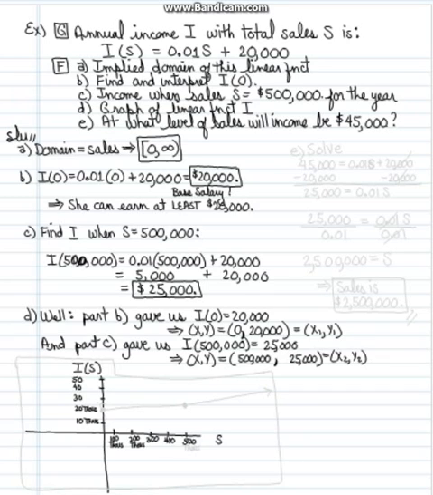We have the ordered pair x sub 1, y sub 1 at 0 on the x-axis, and 20,000 on the y-axis. So it's this point right here. And the second ordered pair, x sub 2, y sub 2, has an x-coordinate of 500,000 and a y-coordinate of 25,000.